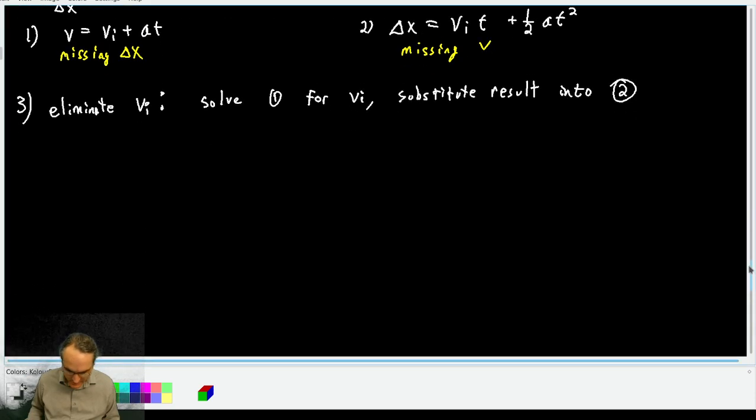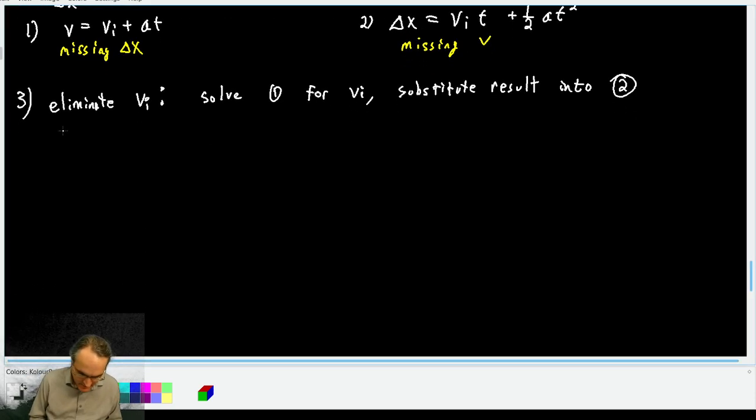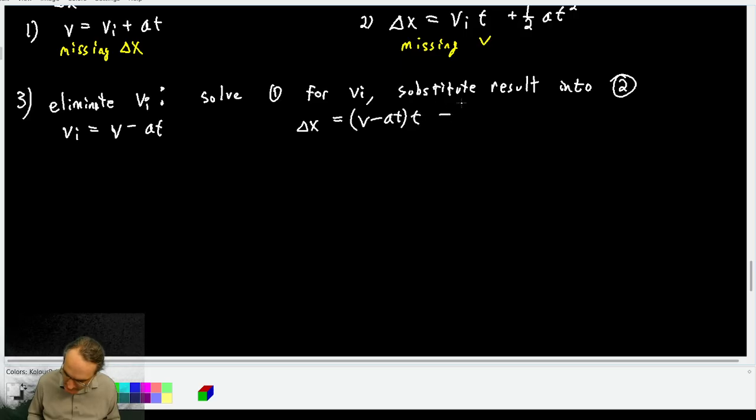Alright, so let's do this. Vi will be equal to v minus at. It's a pretty simple rearrangement. Subtract at from both sides. We'll substitute that in. Delta x is equal to v minus at, all times t, plus 1/2 at squared. We'll distribute the t. We get v final times t minus at squared plus 1/2 at squared.